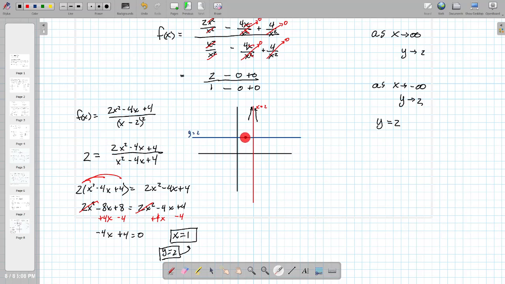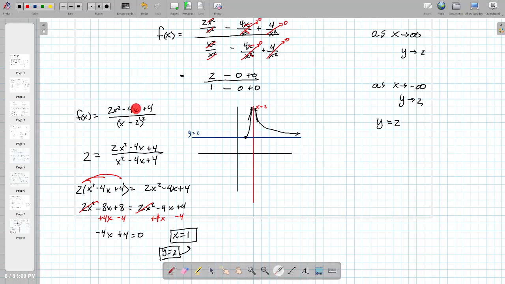So this is the only point that has a corresponding y value of 2. So we know then that on the right side, we never actually cross the horizontal asymptote. But on the left side, we do. We not only cross it, we only cross it one time.